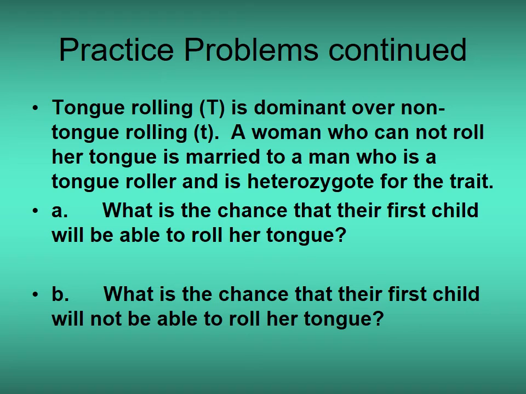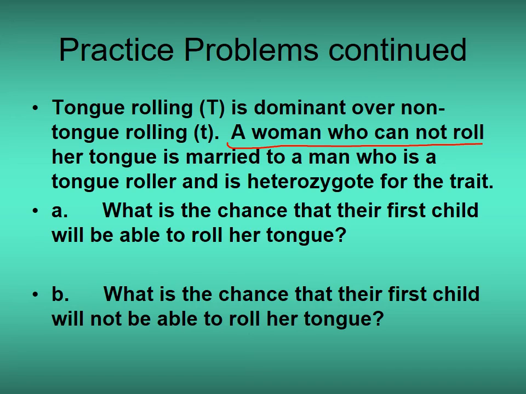So again, we have to deal with what's being asked here. A woman who cannot roll her tongue. Tongue rolling is dominant, and non-tongue rolling is recessive. The only way you can get a non-tongue roller is if you're homozygous for that recessive trait. Because if you're heterozygous and have the big T, then you're going to be able to roll your tongue, because it's dominant over the non-rollers.